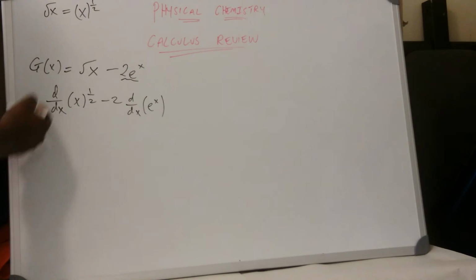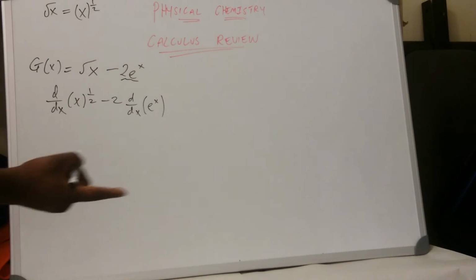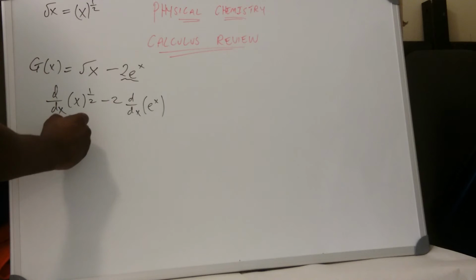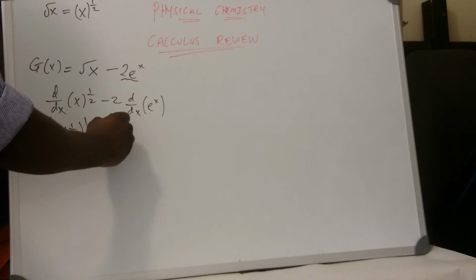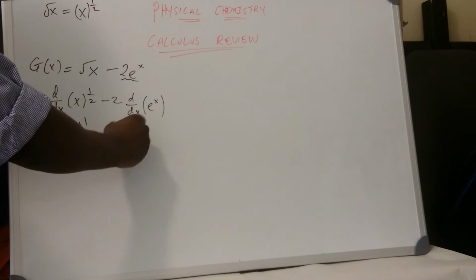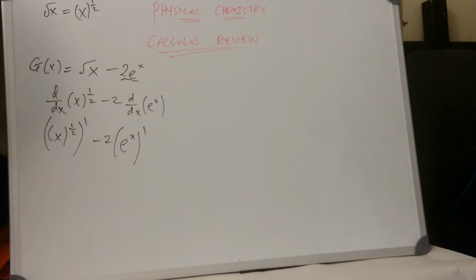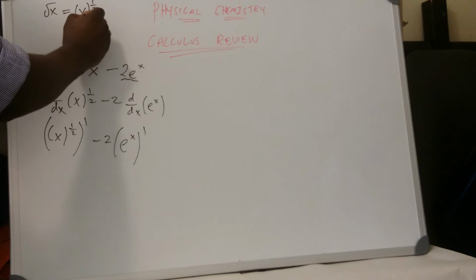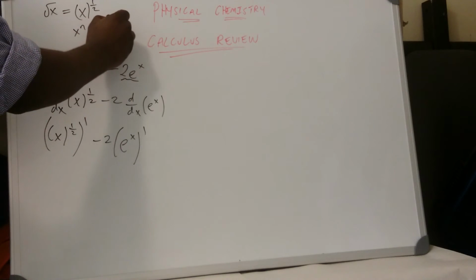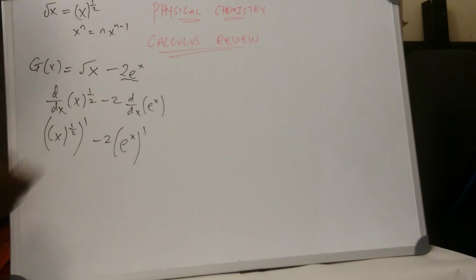So this is pretty much straightforward. According to the rule, x to the n is equal to n x to the n minus 1.